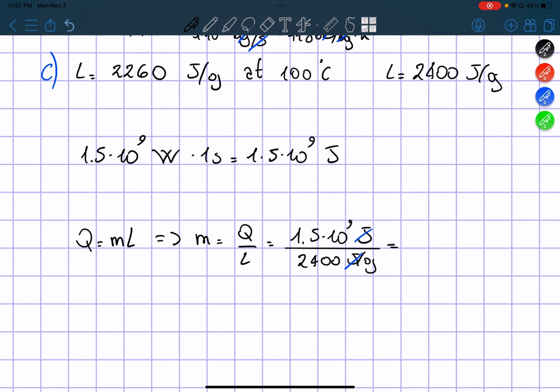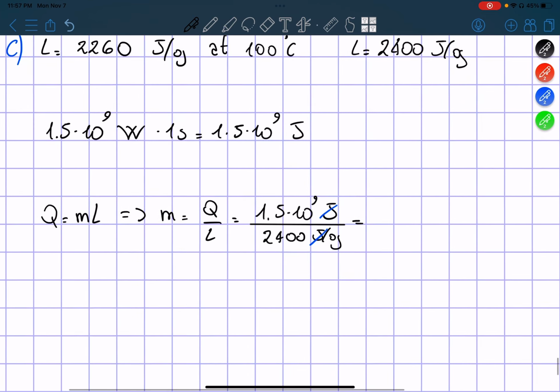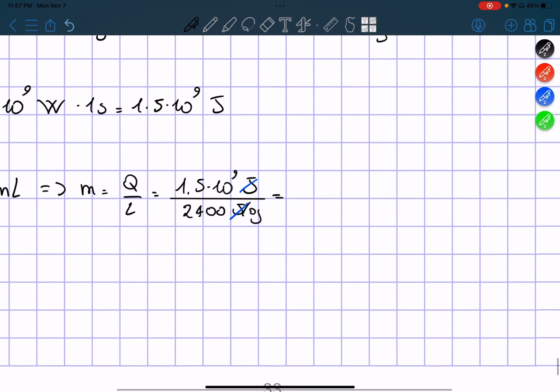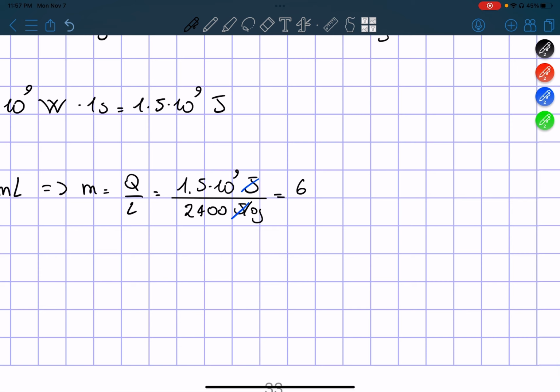So we get 625,000 grams, which is equal to 625 kilograms of water every single second.